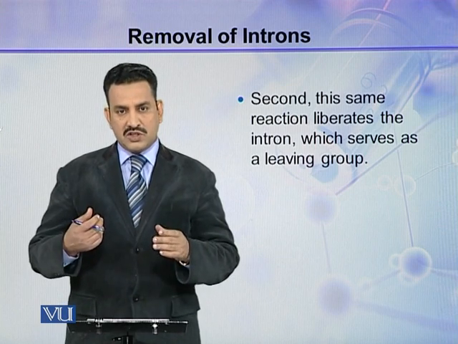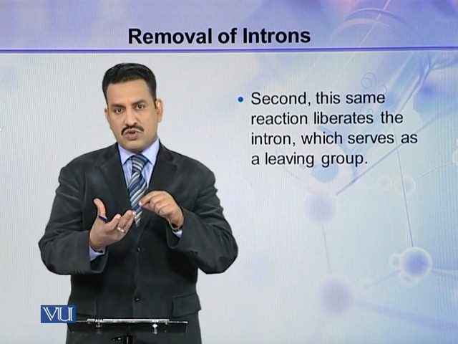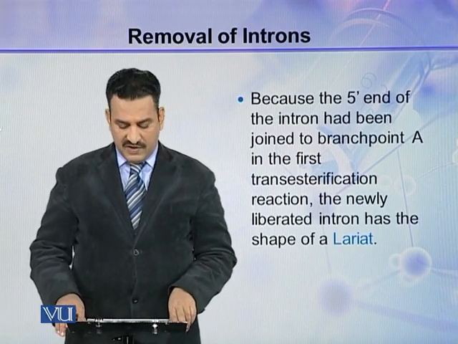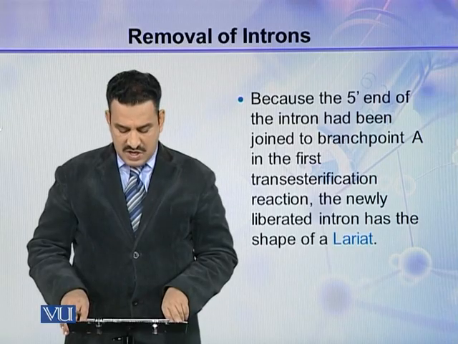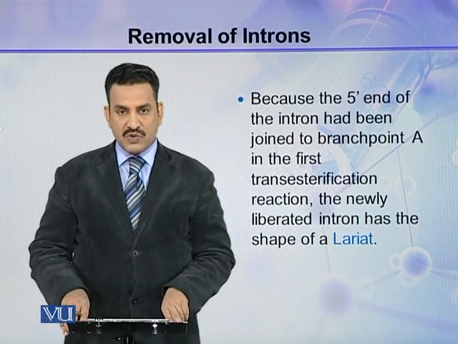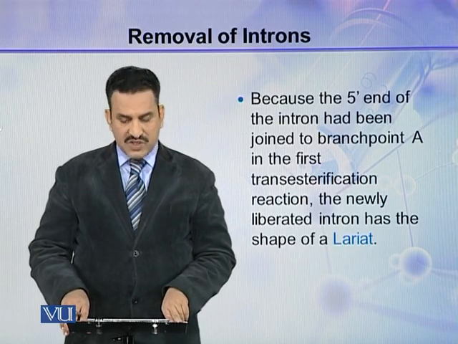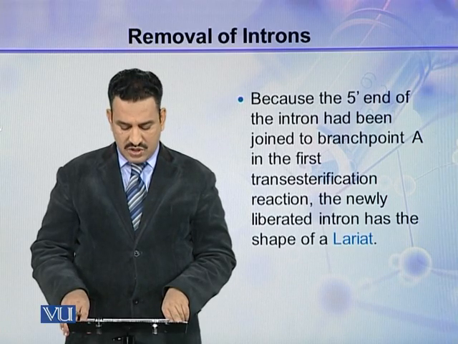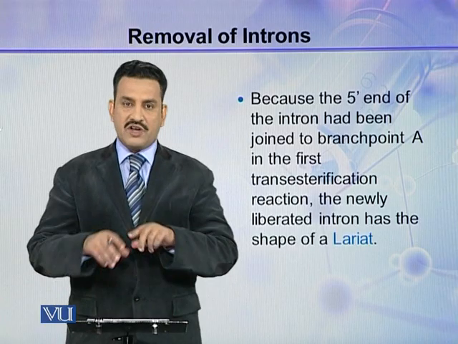So, as a result of this second reaction, the whole intron is removed. Because the 5' end of the intron had been joined to the branch point A in the first transesterification reaction, the newly liberated intron has the shape of a lariat.